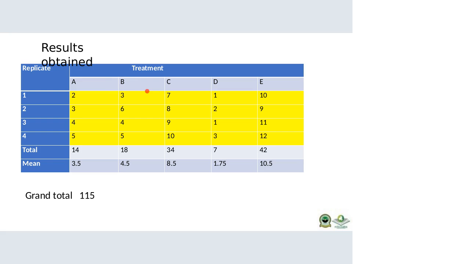Now we need to get the total and the mean values of each of these microorganisms, the way they performed in each of the experimental units. So we have the mean of microorganism A to be 3.5, mean of microorganism B to be 4.5, C, and so on and so forth.